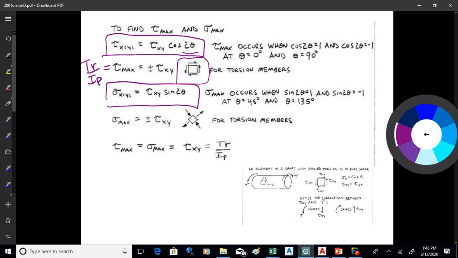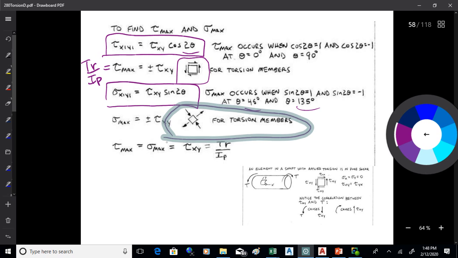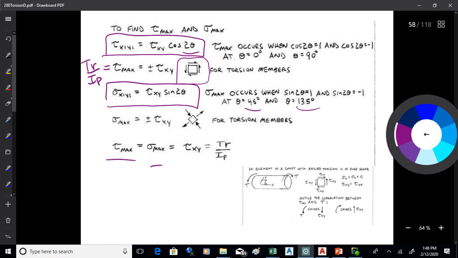Half of those, which would be theta, would be 45 or 135. So the maximum normal stresses occur on the 45 degree planes, and they're equal to plus or minus tau xy also. So both the maximum shear and the maximum normal stress are TR over I for a shaft. They just occur on different planes.